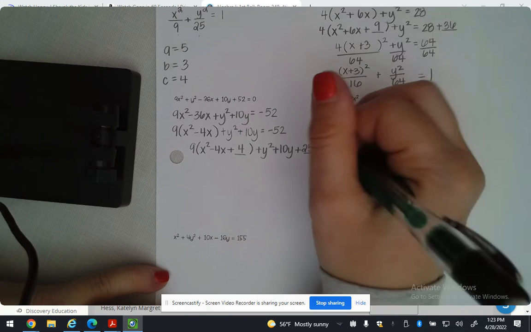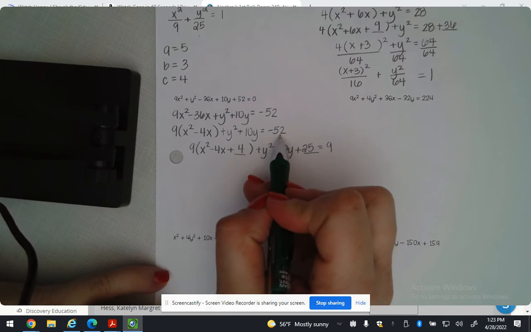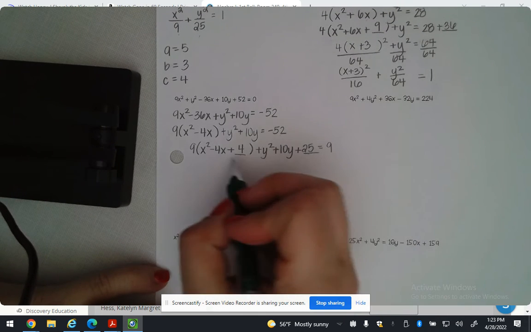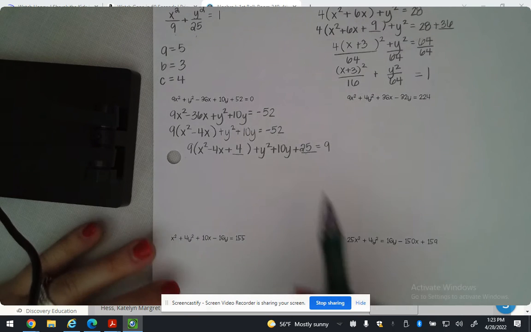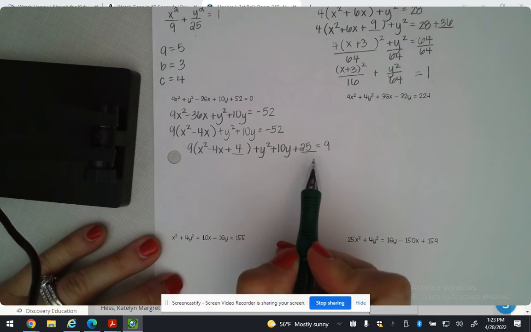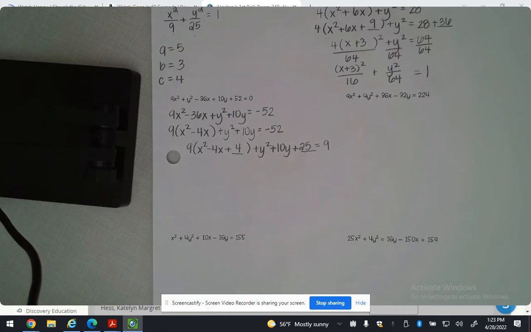You have to add 61 over here, which makes it 9. If you do negative 52 plus 61, you get 9. Because you have to add 36 and 25. B divided by 2 and squared. So 10 divided by 2 is 5. 5 squared is 25. You got to complete this square twice.